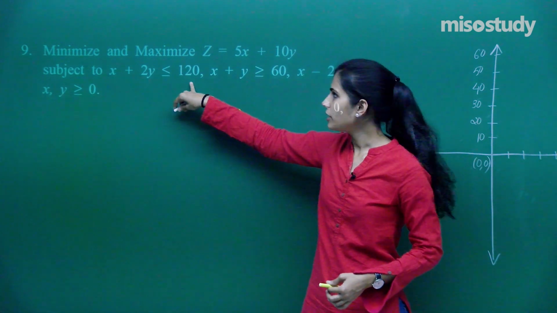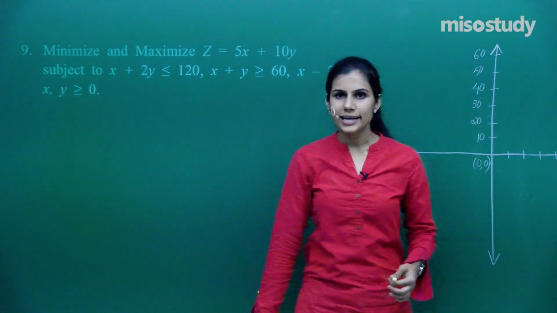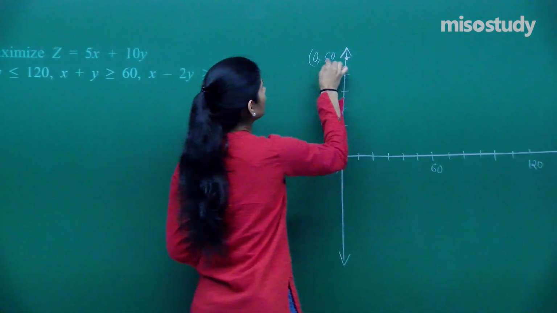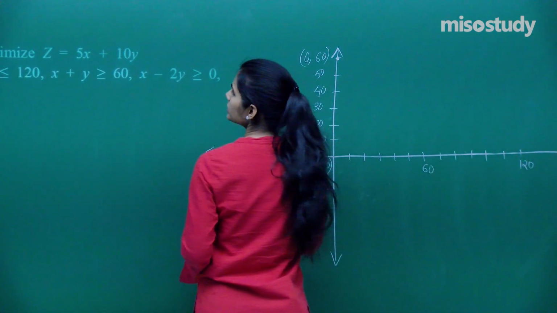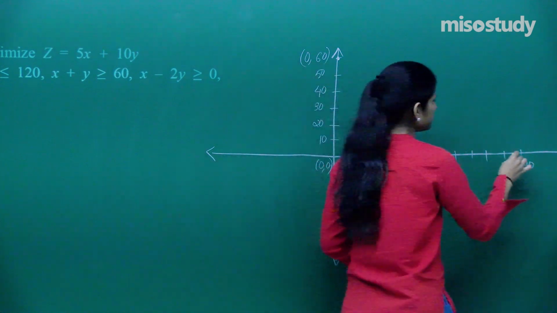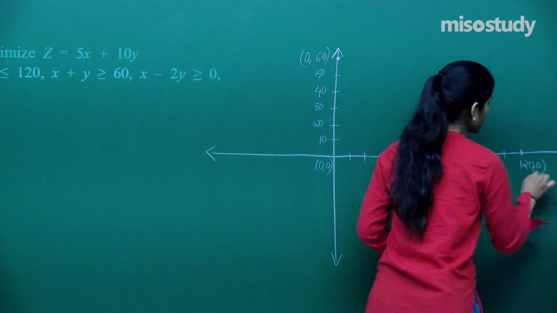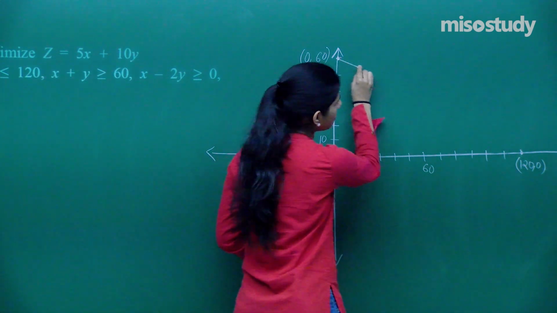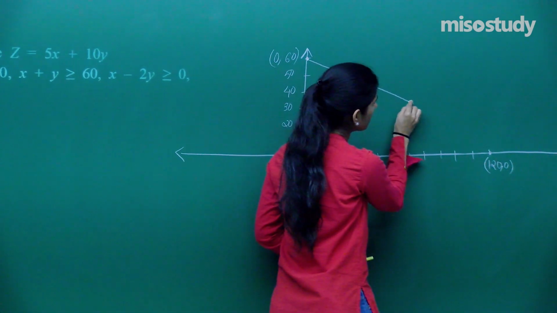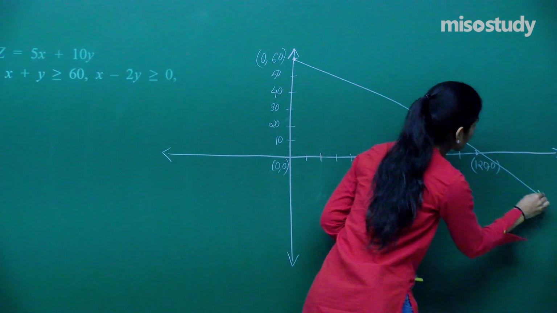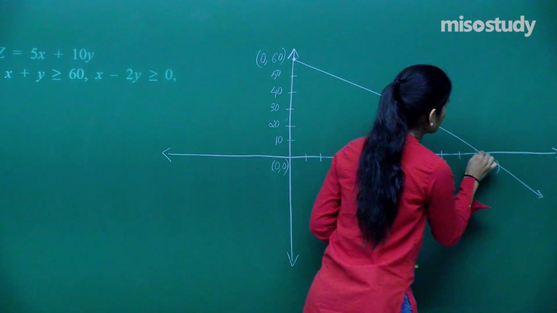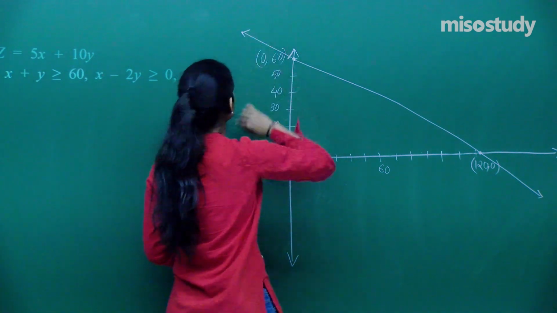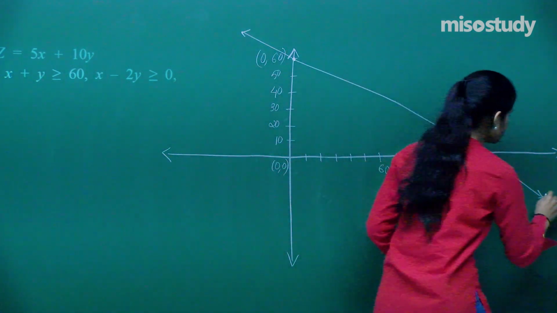Let's consider it as an equation. When you put x equals 0, y is 60. And when you put y equals 0, x is 120. Fine. When you join these two, what do you get? So when you join these two, you get this straight line x plus 2y equal to 120.